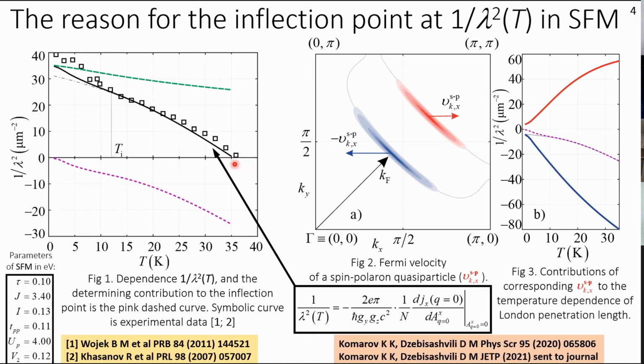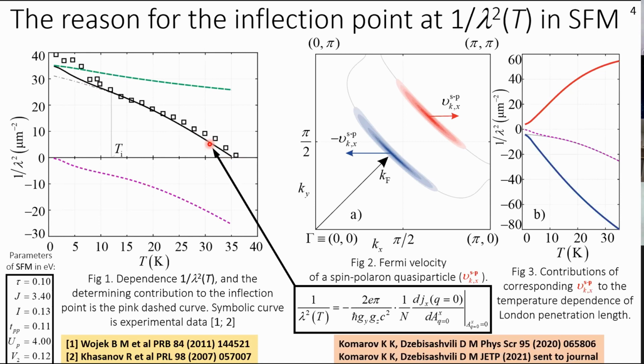And for comparison with the black curve, there is the symbol curve, which is the same experimental data for LSCO at the same doping value, 17%.